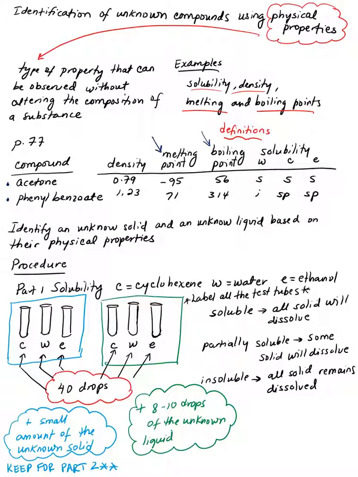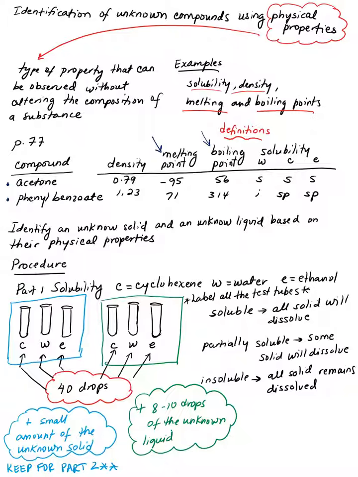So you have 40 drops of cyclohexane in one, 40 drops of water in one test tube and a second one with water, and then 40 drops of ethanol in one test tube, and again 40 drops of ethanol in a second test tube.